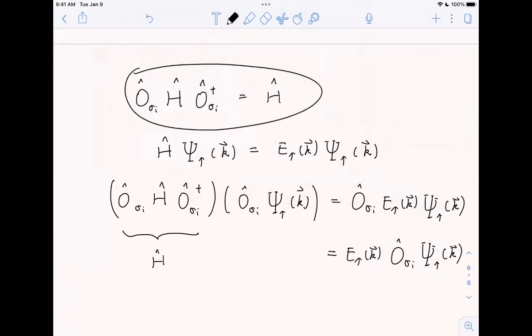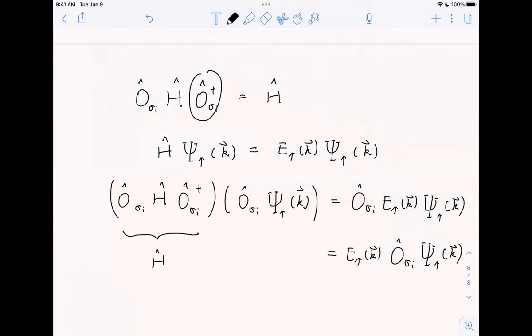When you apply an operation on the matrix, you have to do it this way: one on this side, the other on that side. Let's sandwich it. That is how the matrix transforms under the operation. When you apply it on the vector or the state, you only apply one on one side. When you apply it on the operator, the Hamiltonian, you have two of them.